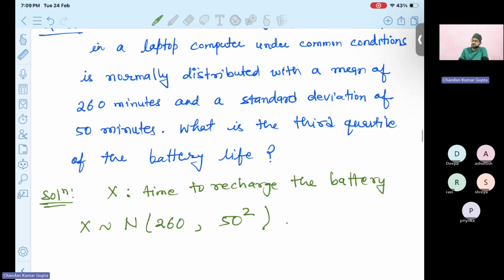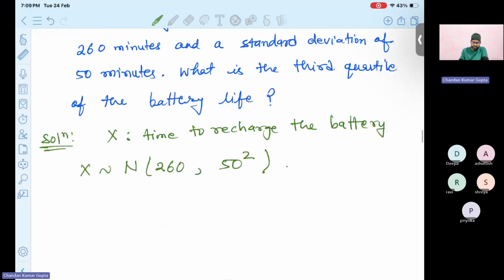Now we need to find the third quartile. What is the third quartile of the battery life? So obviously we need to find the probability that X is less than or equal to Q3, and it is already mentioned that for the third quartile this comes out to be 0.75.